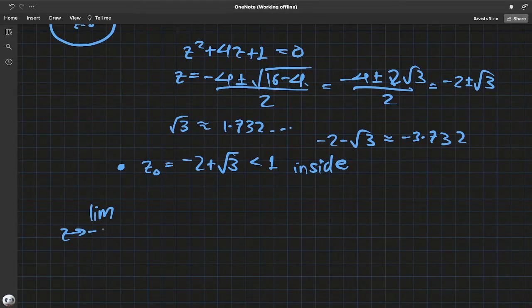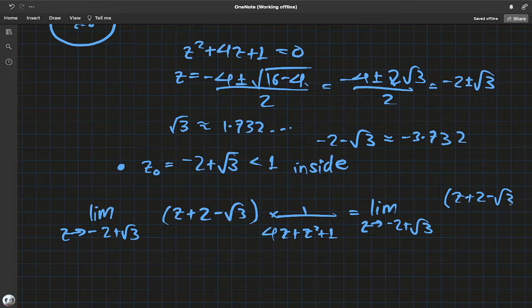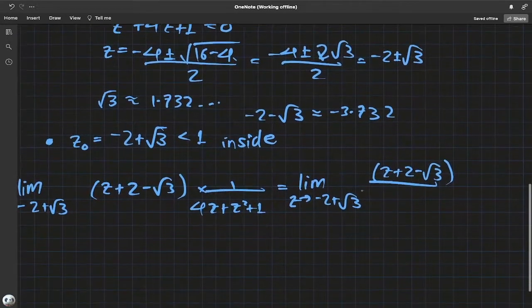Limit as z goes to negative 2 plus square root of 3, z plus 2 minus square root 3 times 1 over z squared plus 4z plus 1. So we can factorize out the denominator.